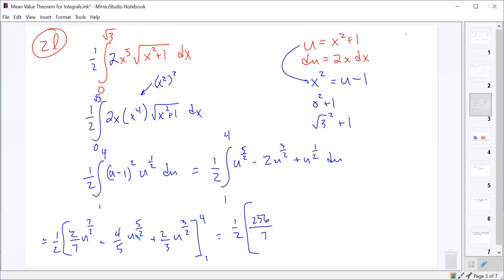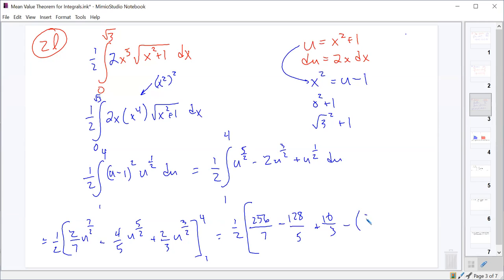And then this one becomes 32 times 4, which would be 128 over 5. And then this one would become 16 over 3.